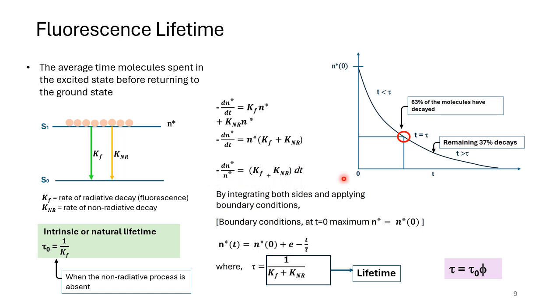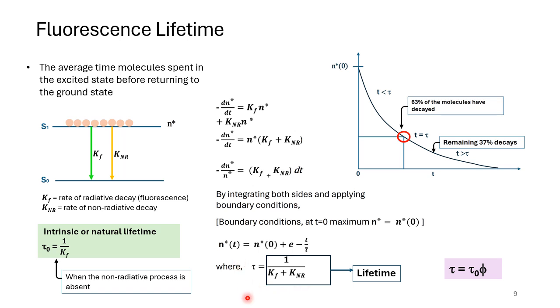So by integrating both the sides and applying the boundary conditions, which is at t equals 0 the maximum concentration is n star 0, and after time t the concentration will be n star t, we can get this equation, which is n star t equals n star 0 times e to the power minus t by tau, where tau equals 1 by kf plus knr.